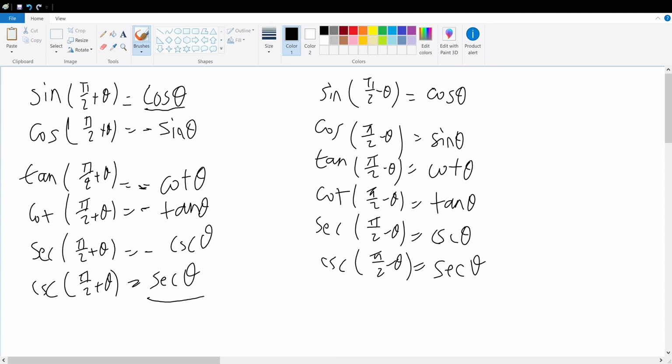And here we have proved and derived the 12 respective functions which are included within the complementary property of trigonometric functions. In the next video, we're going to be going over the supplementary properties.